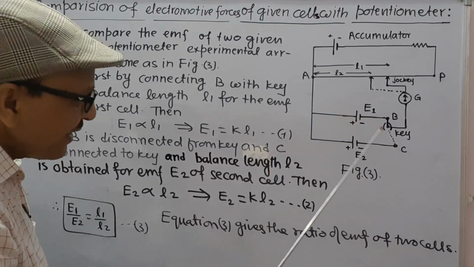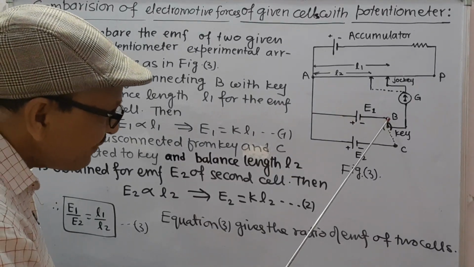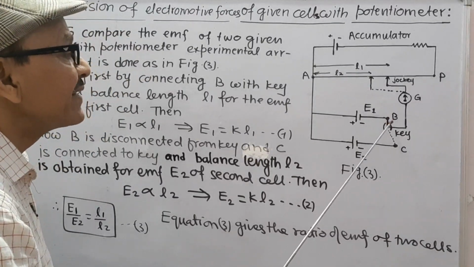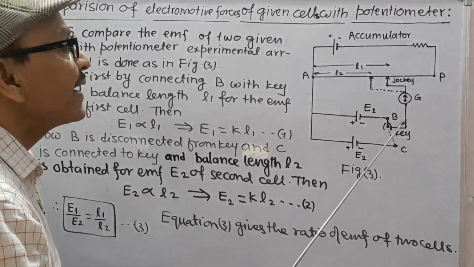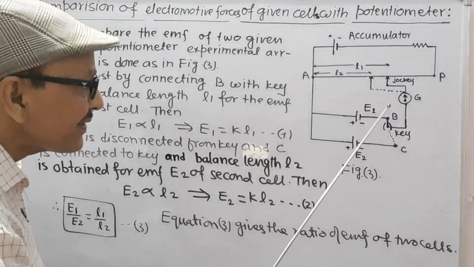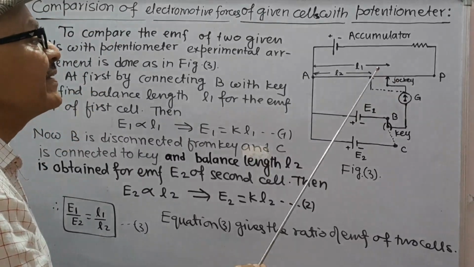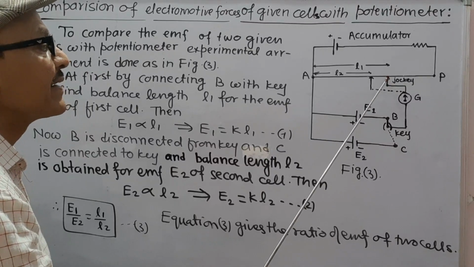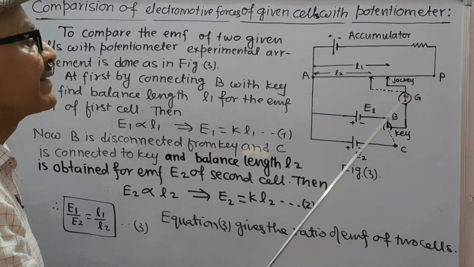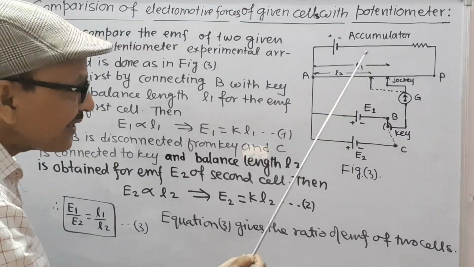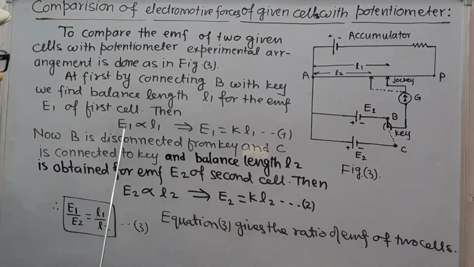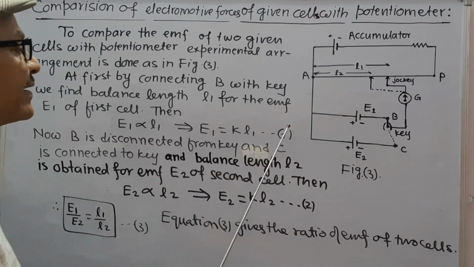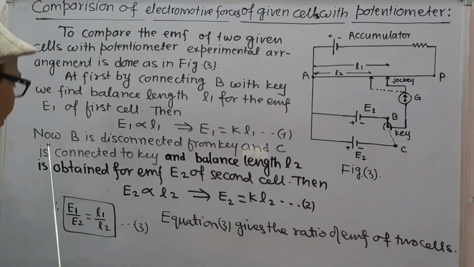At first, terminal B is connected to the K, and EMF E1 of first cell is balanced on the potentiometer wire by finding the null deflection in galvanometer. If L1 is the balance length in this case, then E1 is proportional to L1, which gives E1 is equal to K into L1. Suppose this is equation 1.